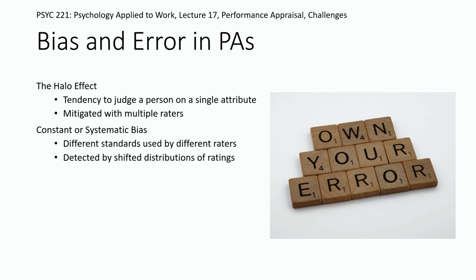So that whole shifted distribution of ratings is what I was talking about as a way that you can spot that. And then there's the recency bias, and like the halo effect, you may have heard of recency. It's really a tendency to have your last encounter be quite formative, and to sort of discount all the previous encounters. This can take effect at the end of a meeting.